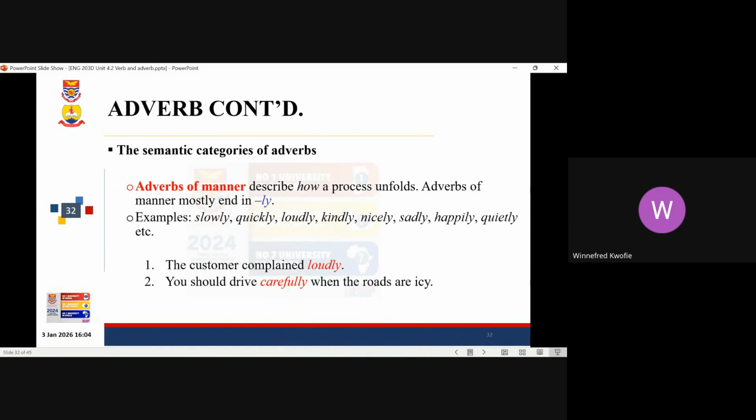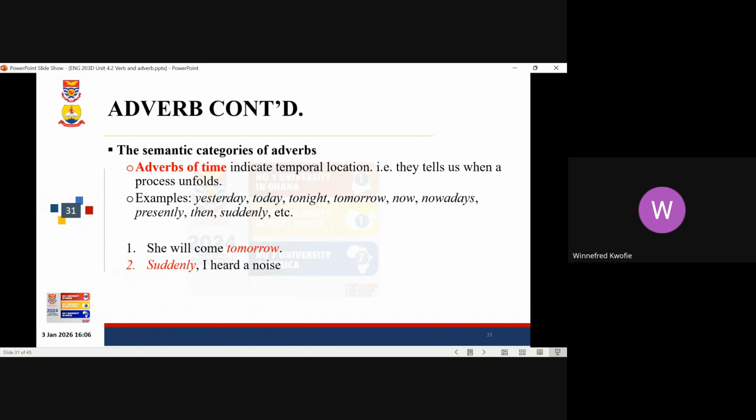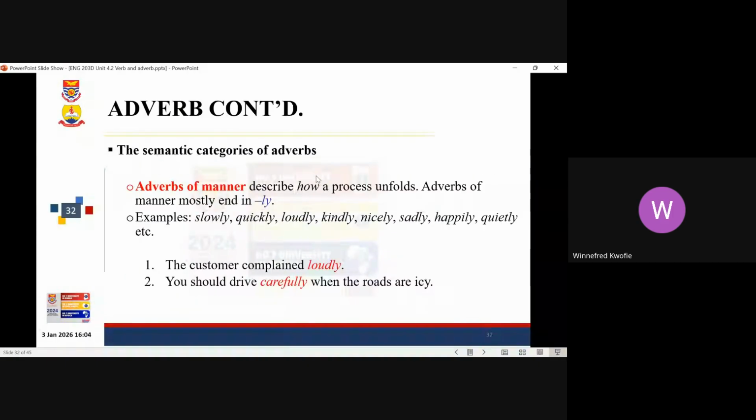So let me draw your attention to something. See that the adverb of time tells us when a process unfolds. Then adverb of manner talks about how a process unfolds.